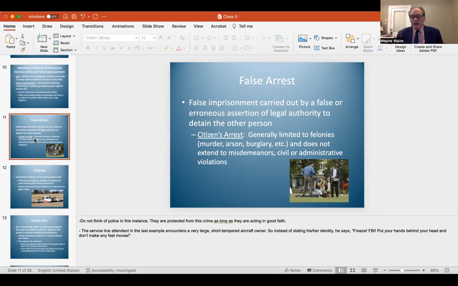You know, an example might be a service line attendant in the last example encounters a very large, short-tempered aircraft owner. So instead of stating his or her identity, says, "Freeze, FBI, put your hands behind your head and don't make any fast moves." That is probably, you know, in the gray area.